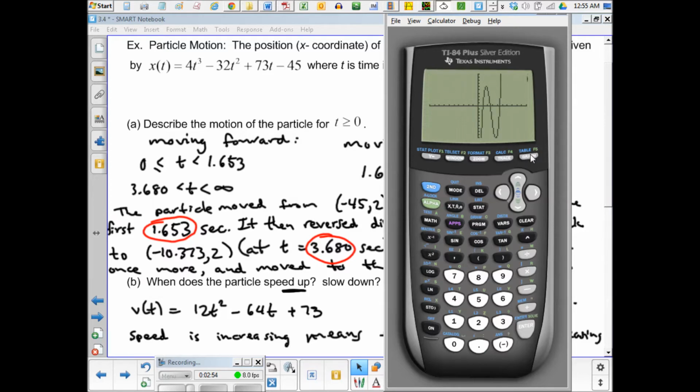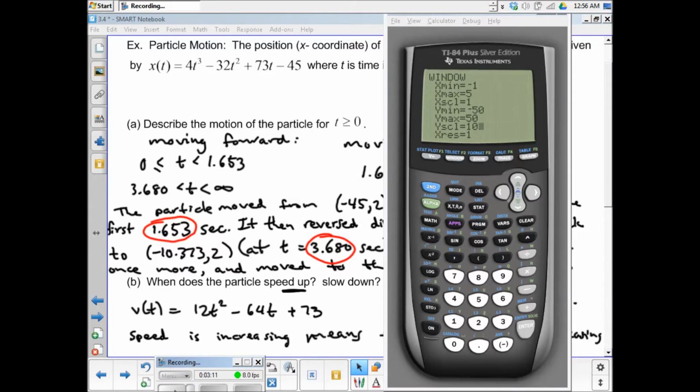Okay, there's our original function. I've reset the window to zoom standard. And here comes my speed graph. And here would be a suitable window to change it to. You can pause it and enter that if you like. It's the window we had before.